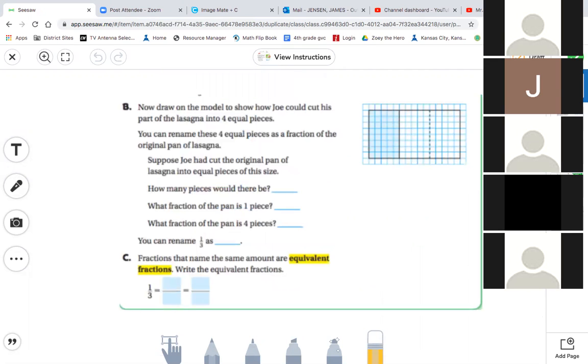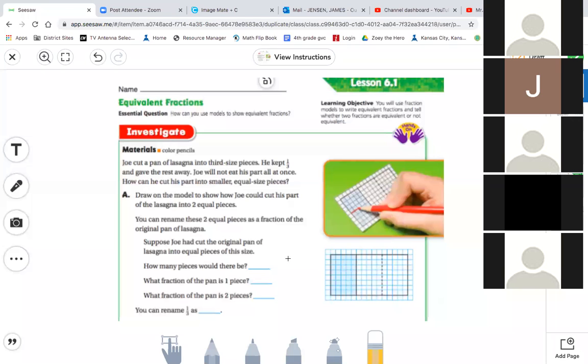Let's go back to all of these. So this one, they said split his part into 2 parts. So we started with 1/3, right? And then we made 6 parts. And then one part of that was 1/6.